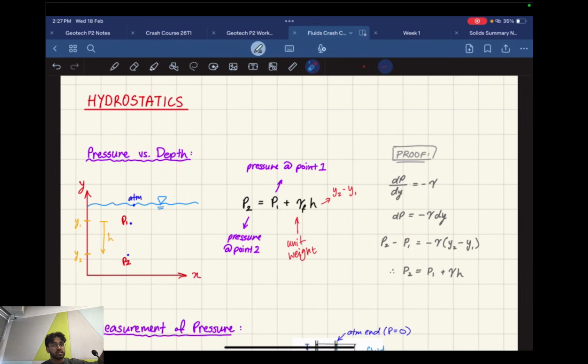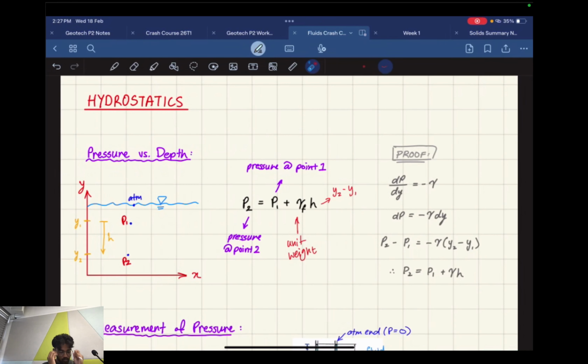It kept going, it went too deep, and the forces got too large, and it just exploded inside the water. So that's a pretty good way to visualize it. As you go deeper, the pressure acting on the object is going to increase. Does that make sense?